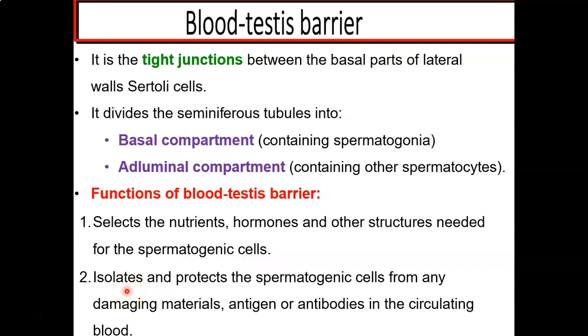Number 2, the barrier isolates and protects the spermatogenic cells from any damaging material, any antigens, any antibodies in the circulating blood.